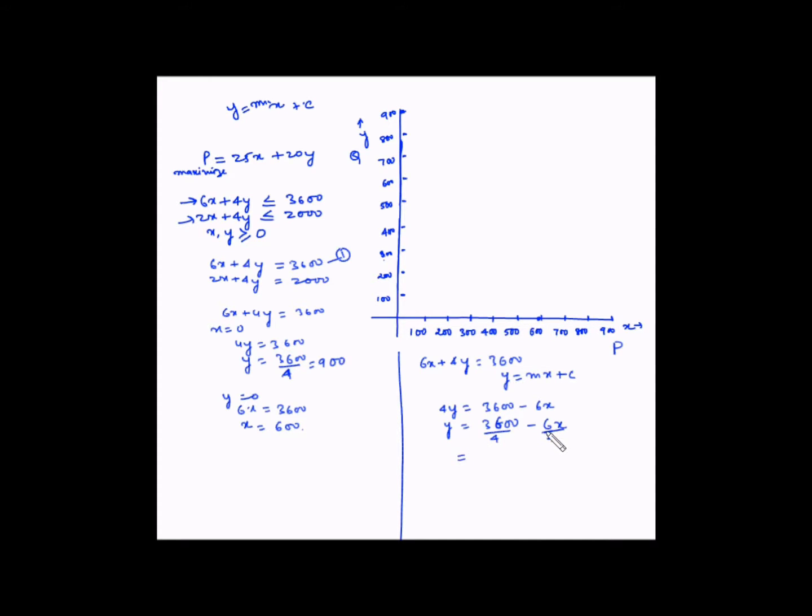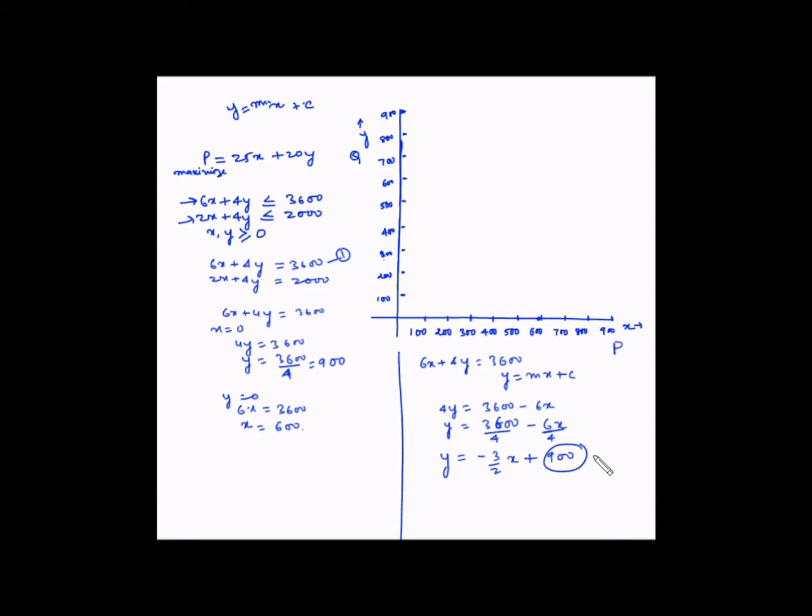This is equal to, we'll put x in front, so we'll have minus 3 by 2. If you divide each of these numbers, that is 6 and 4 by 2, you'll get 3 by 2, x plus 900. You divide 3600 by 4, so you get 900. So y is equal to minus 3 by 2x plus 900.